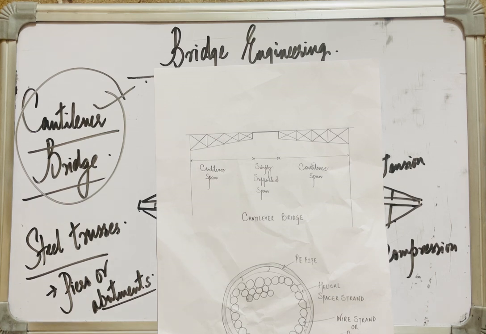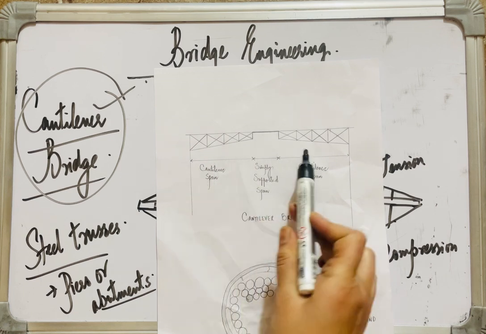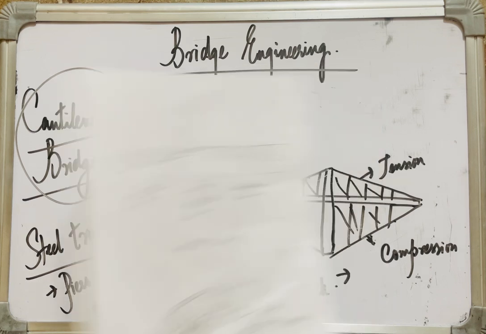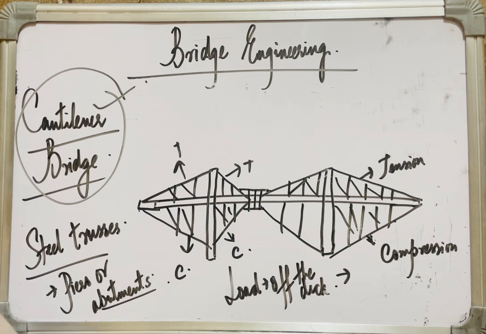We have essentially 3 spans in case of a cantilever bridge, the 2 outer spans and the central span which rests on the outer spans. All right. But in addition to the cantilevers, these bridges are often supported with trusses, and their role is to carry the loads from the deck to adjacent piers or abutments.